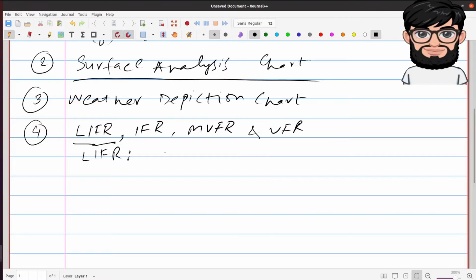So the ceiling in this one is less than 500 feet and the visibility is less than 1 mile.